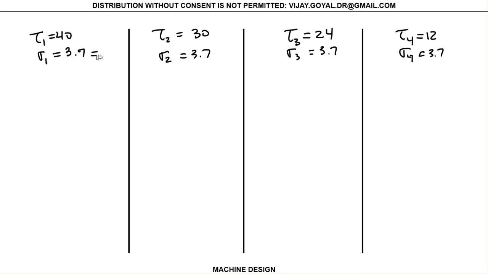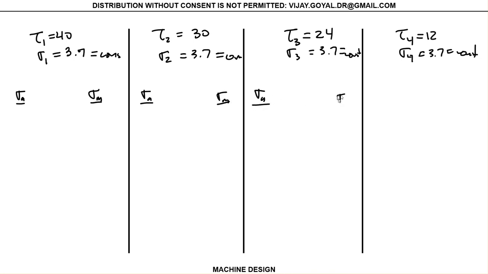And don't forget, this is constant, constant, constant, and this is all fully reversed. So from here, you can build a state of stress for this case, and a state of stress for all of these cases.